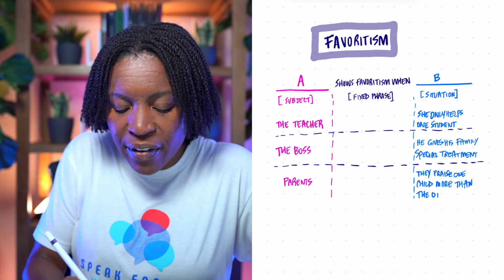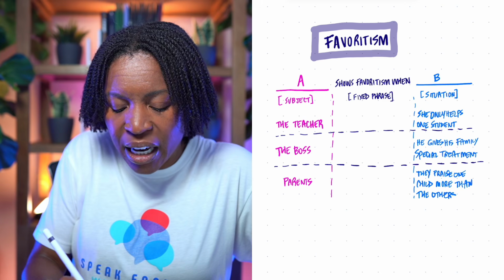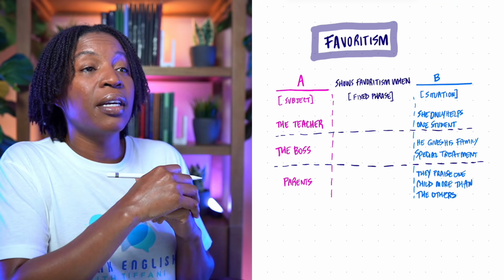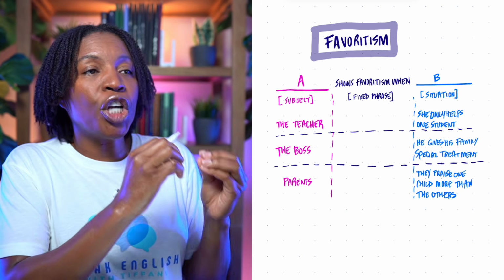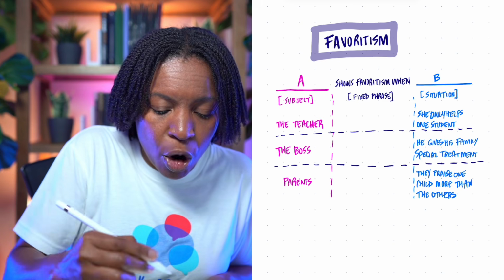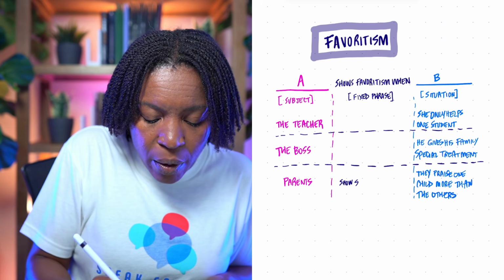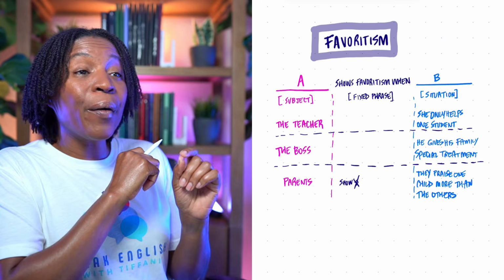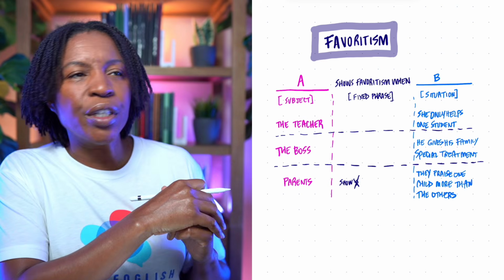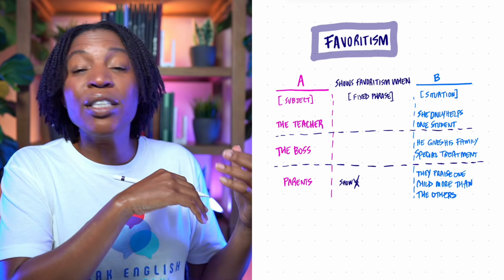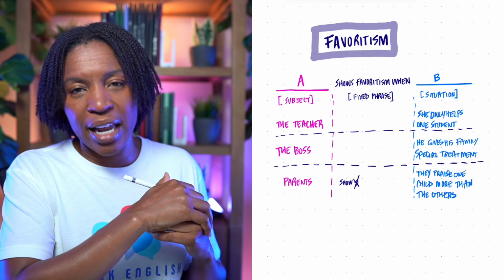So now we have A and we have B, and the sentence becomes parents show, and we're going to change this to show, no S. All right, so parents show favoritism when they praise one child more than the others.